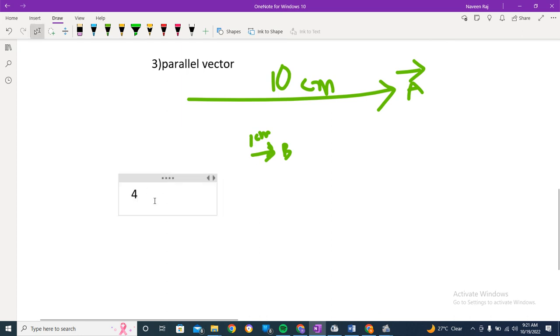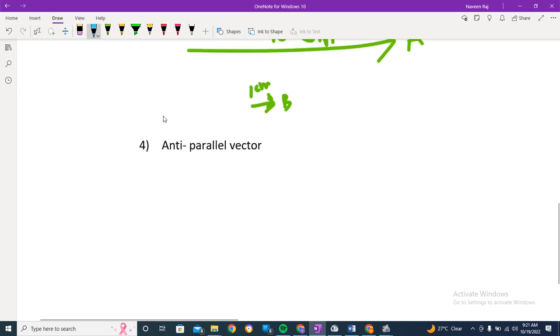Moving to the fourth one, we have the anti-parallel vector. For this I would give just a statement that would make it clear: when negative vectors form parallel vectors, they are termed anti-parallel vectors.